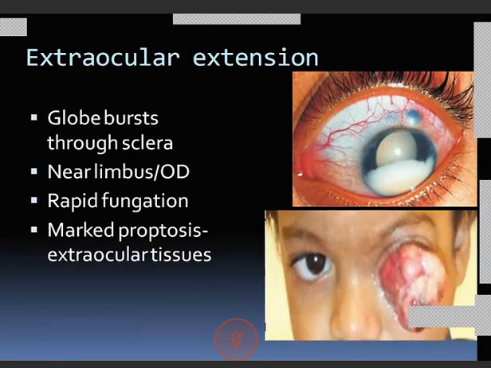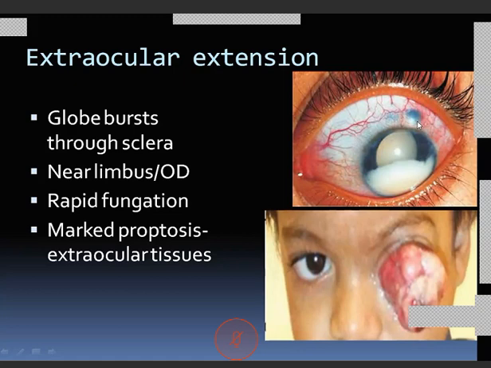Then the third stage is the extraocular extension. As I told you, this is the pseudohypopyon: the tumor cells in the anterior chamber presenting as hypopyon, but it is pseudohypopyon. In the extraocular extension, the globe bursts through the sclera. Are you able to see that there is a burst of the sclera?